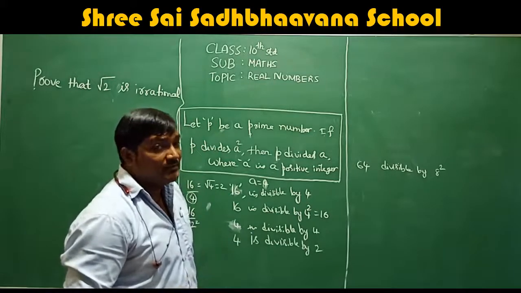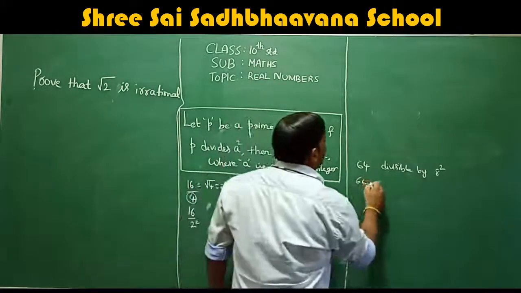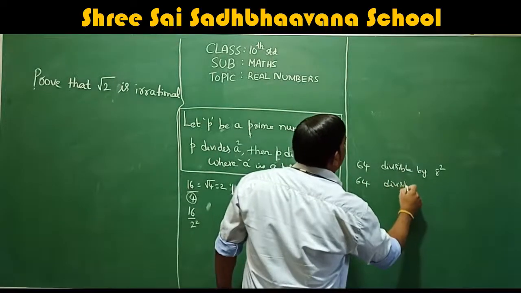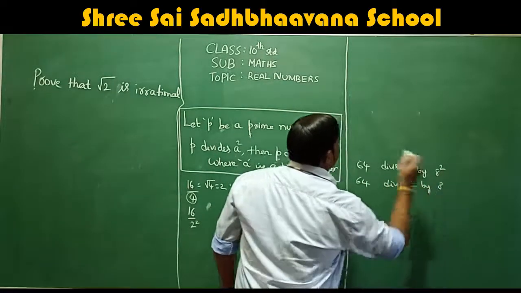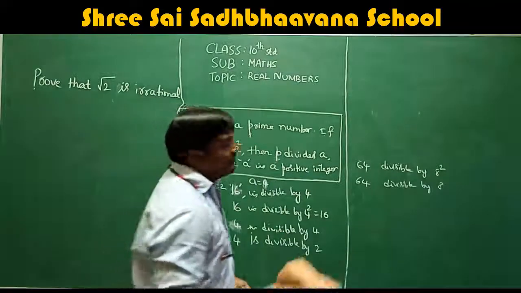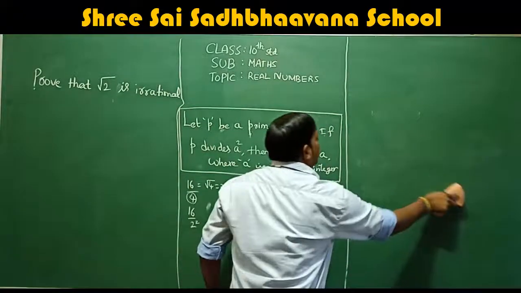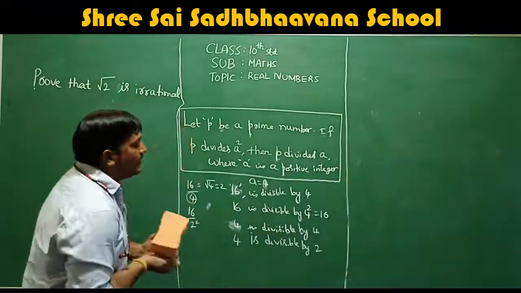So if 64 is divisible by 8 square, definitely 64 is divisible by 8. Like that, any number, it is correct. You can take any number. This is just an example I have given.